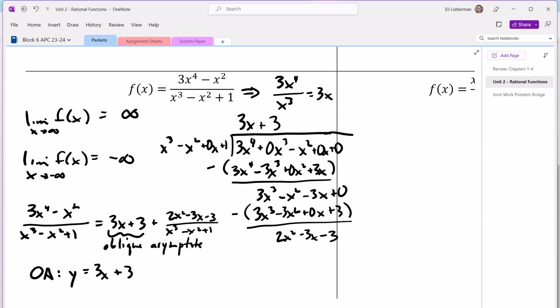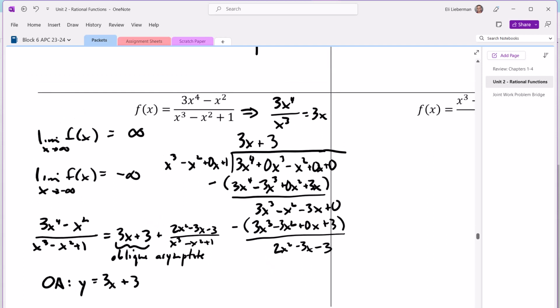Wait, there's one qualification. Notice how much heavier the top is. It's heavier by 1 degree. If the top is heavier by 1 degree, then the asymptote is a line.